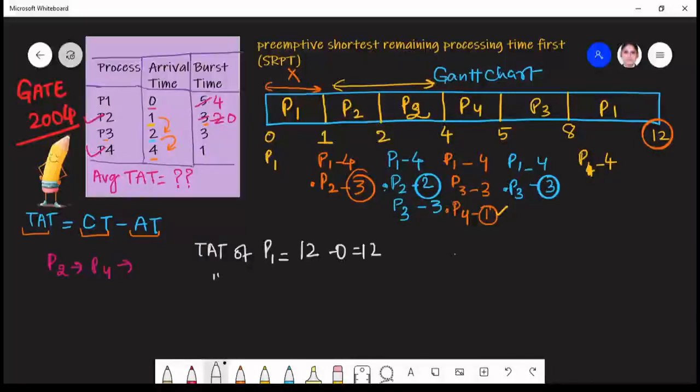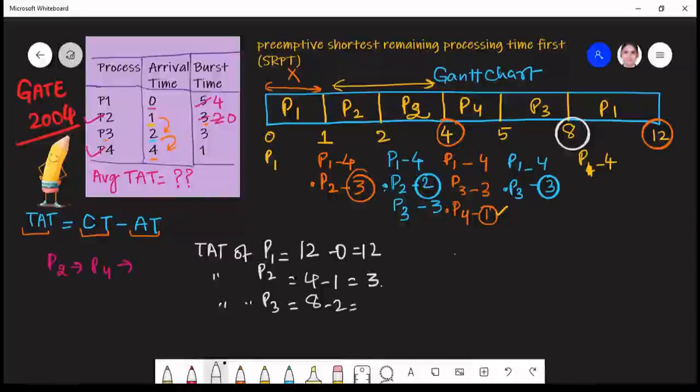Now similarly, finding out the turnaround time of P2. As you can see clearly, P2 completed its execution at 4 and the arrival time is 1. So it will be 4 minus 1, that is 3. Now let's find out the turnaround time for P3. P3 completed its execution at 8 and the arrival time is 2.